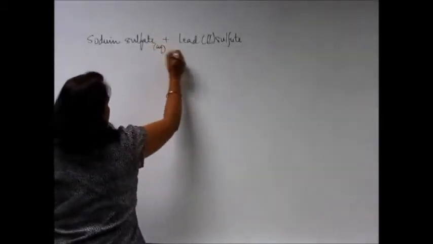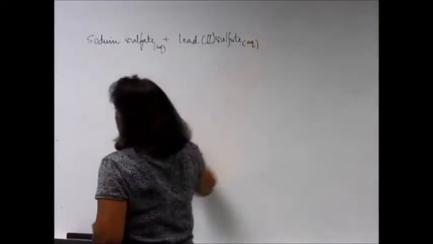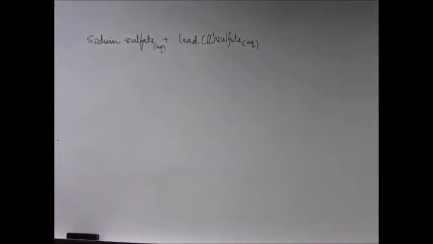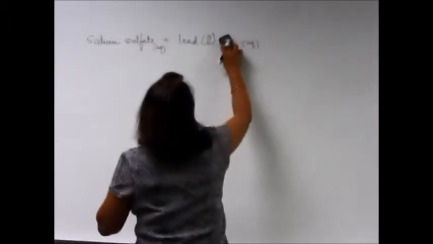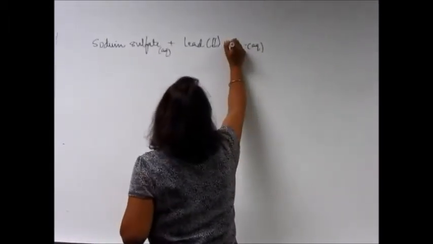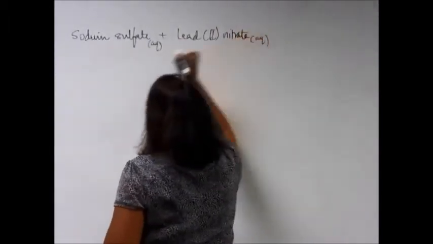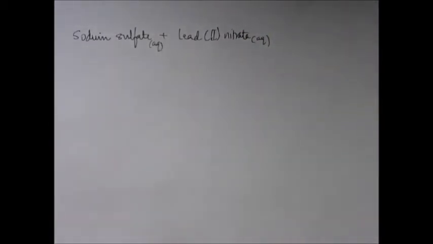Okay, so which means that you have to take the name and give it the formulas. Should that be 2 nitrate? Yes, thank you. So you have to write the formula yourself, first of all.